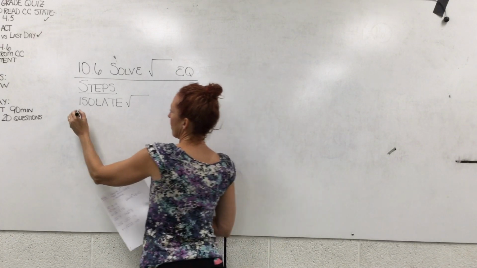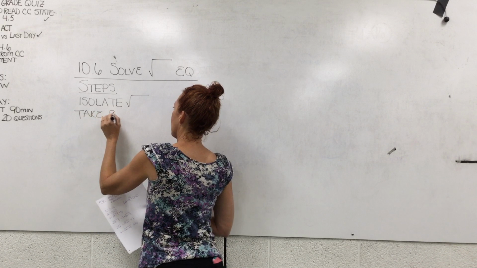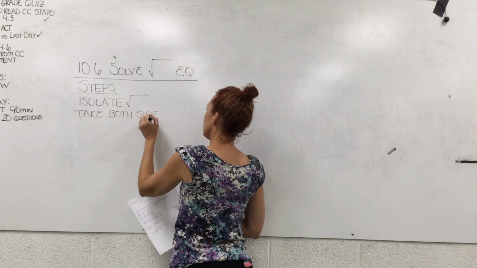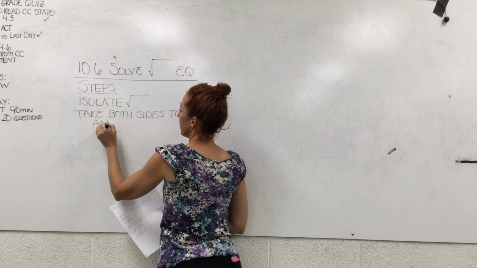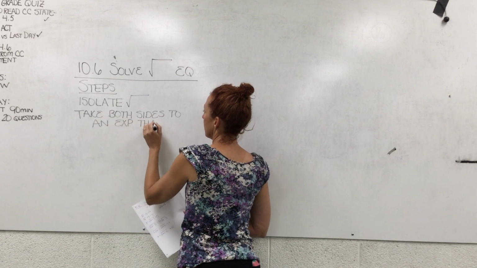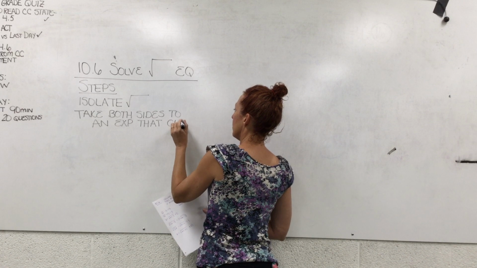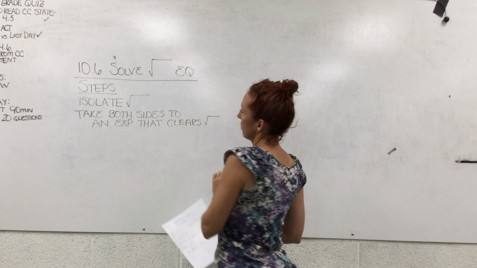The second thing you're going to do is take both sides to an exponent that clears the radical.